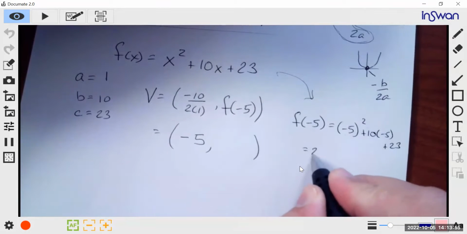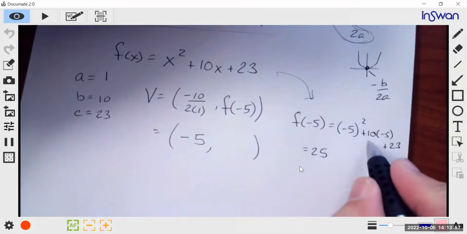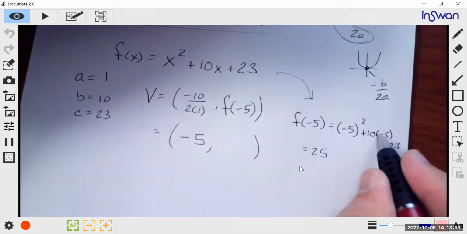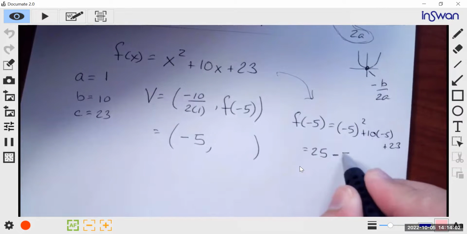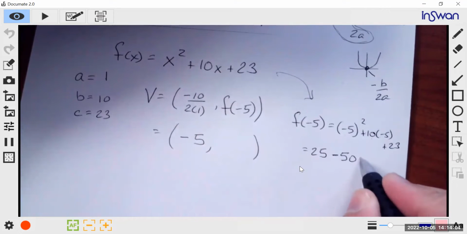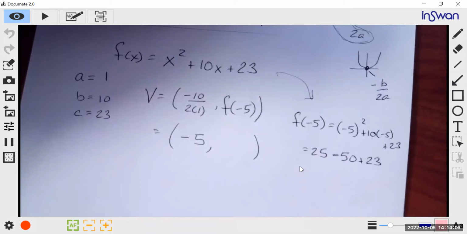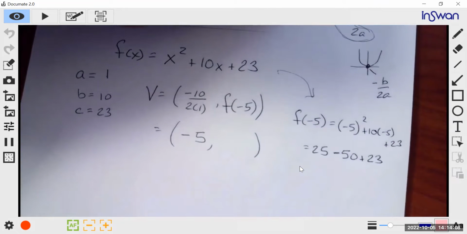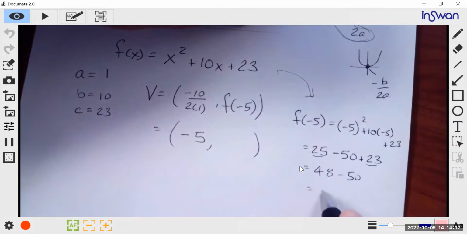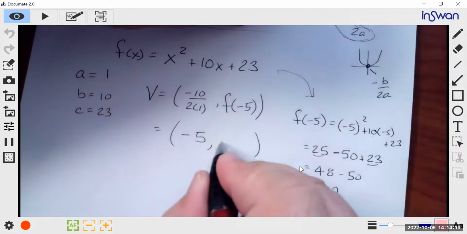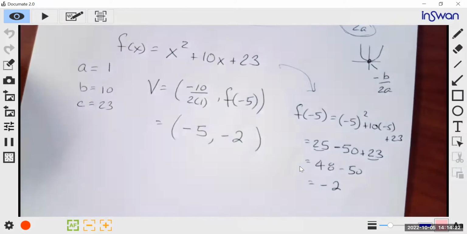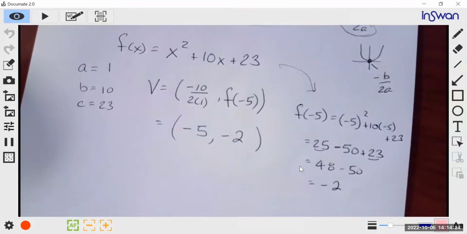Negative 5 squared is 25. 10 positive times negative is negative. 10 times 5 is 50. Plus 23. 25 plus 23 is 48. Minus 50 is negative 2. There's my vertex.